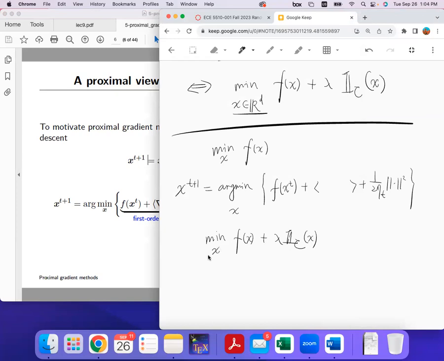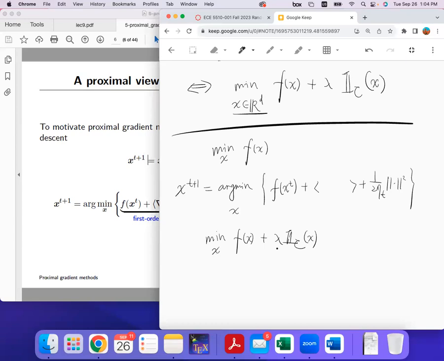So here, I rewrite the constrained optimization problem into a regularized form, by introducing this indicator function on the set C. I can get rid of the constraint. So it is like a regularized problem.